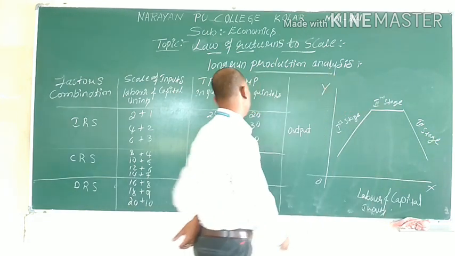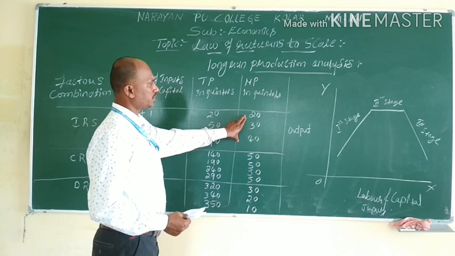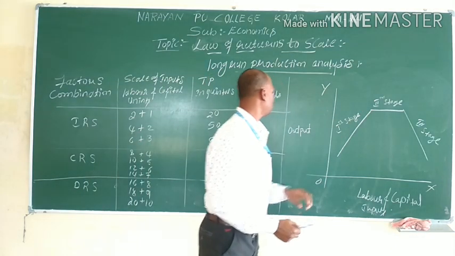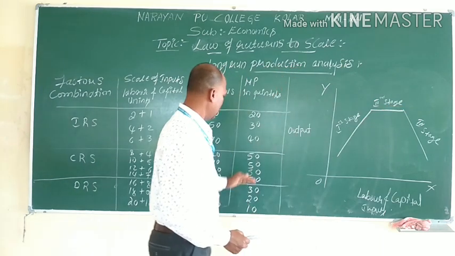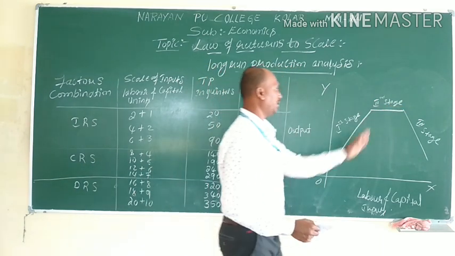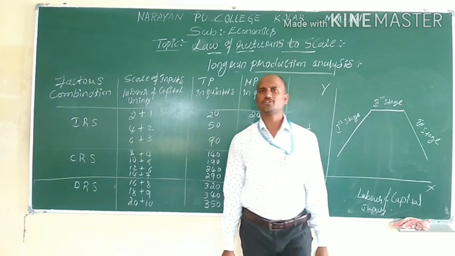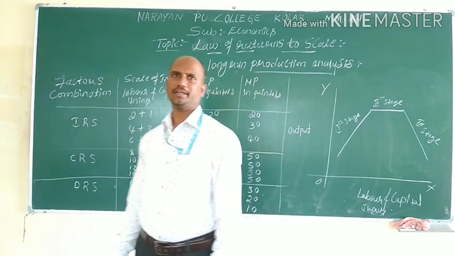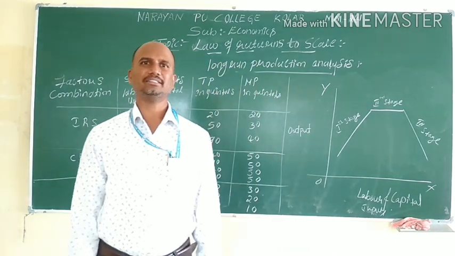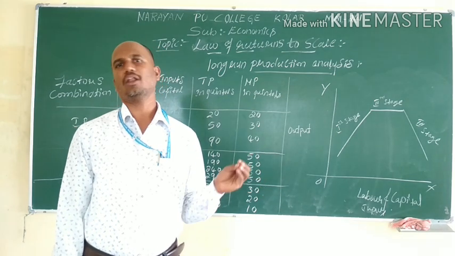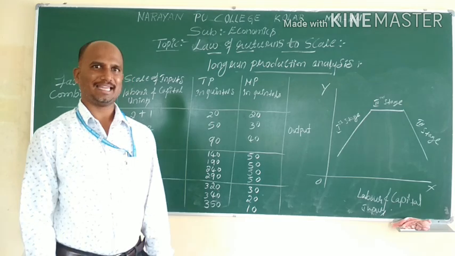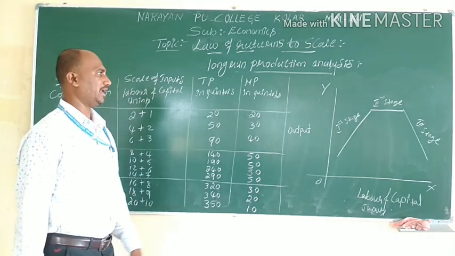It's what we call the schedule and diagrammatical representation of the law of returns to scale.